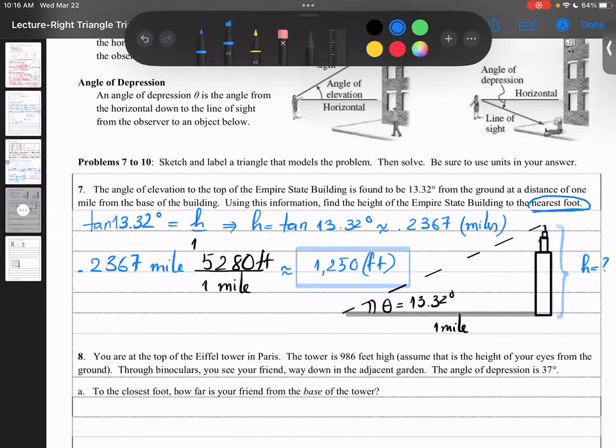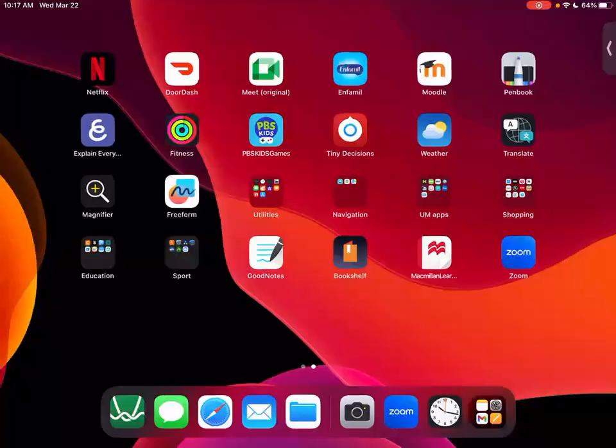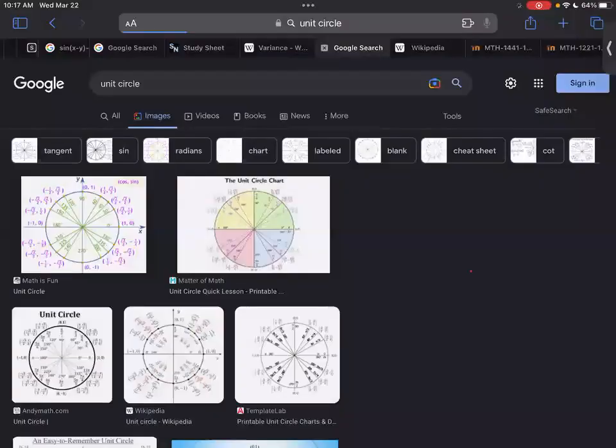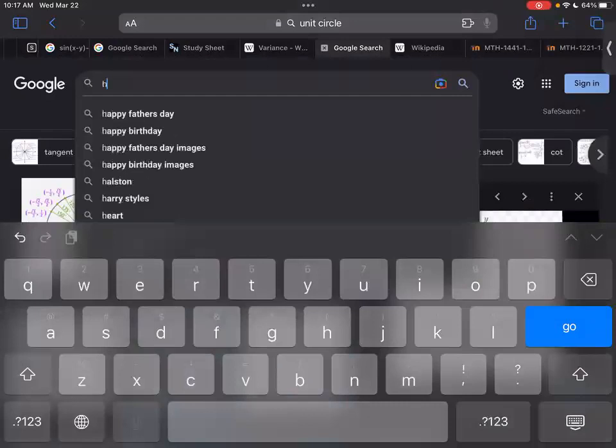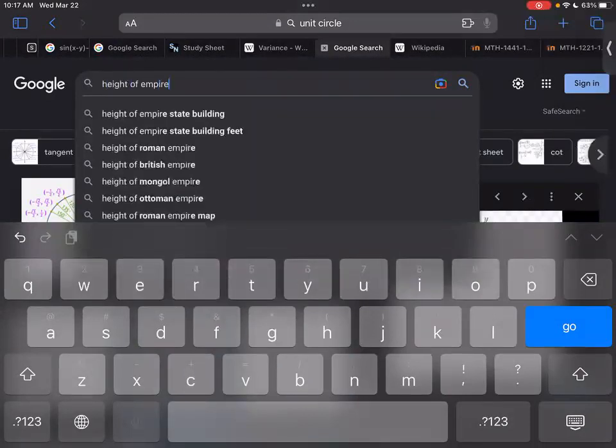You can check with Google. Height of Empire State Building in feet.